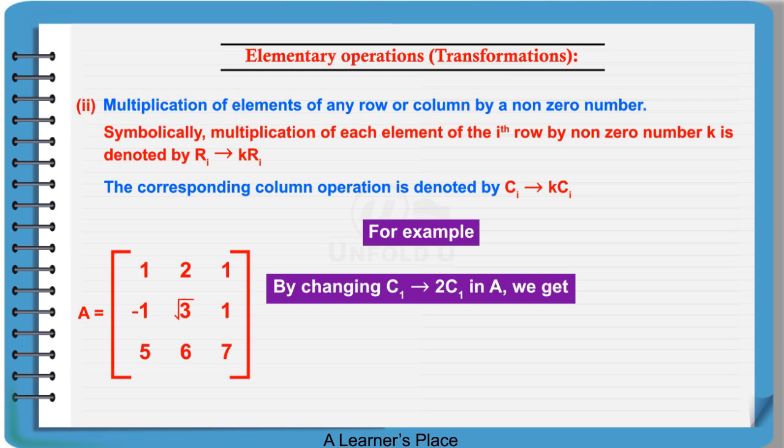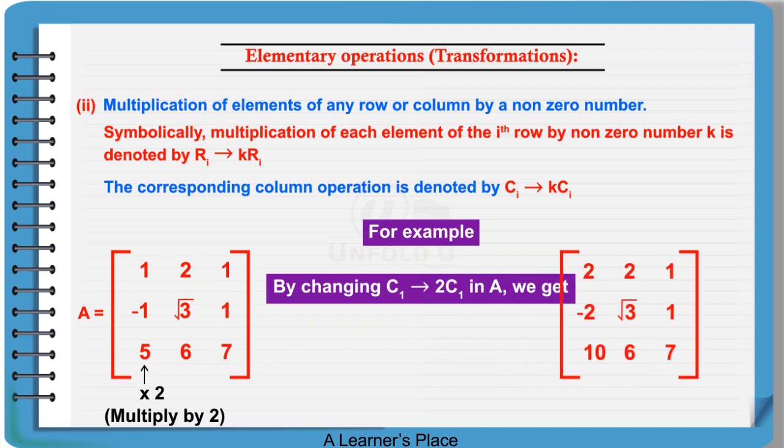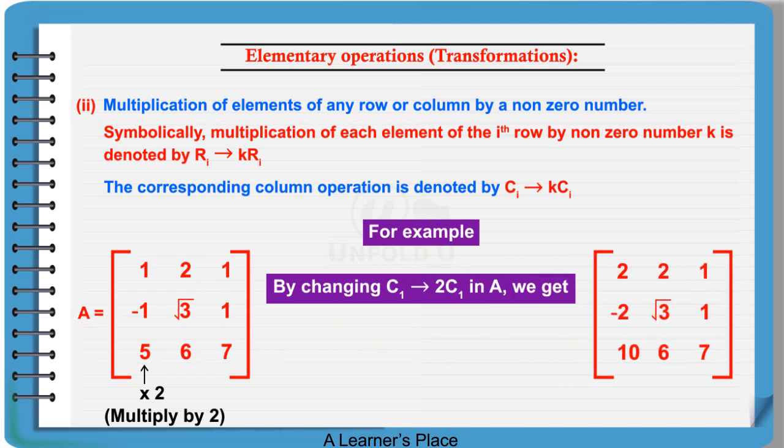Changing C1 to 2 into C1 in A, we get a matrix of order 3 by 3 with first row entries 2, 2 and 1, second row entries -2, √3 and 1, third row entries 10, 6 and 7.